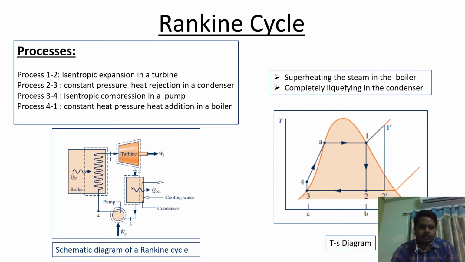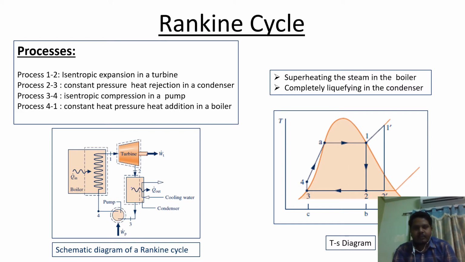Now let us discuss the Rankine cycle. This is the topic of our interest. Here again, four processes are there: isentropic expansion in a turbine, constant pressure heat rejection in a condenser, isentropic compression in a pump, and constant pressure heat addition in a boiler.